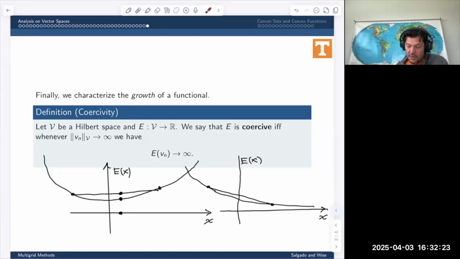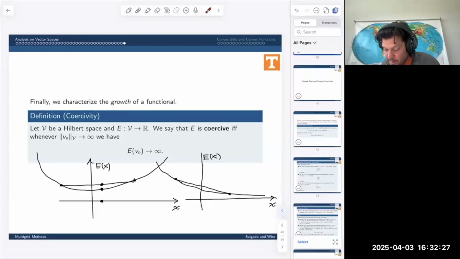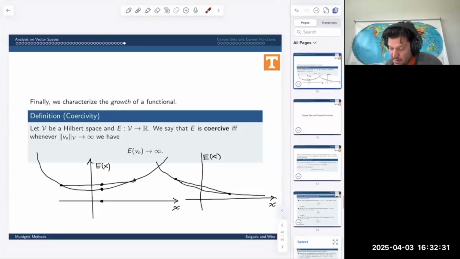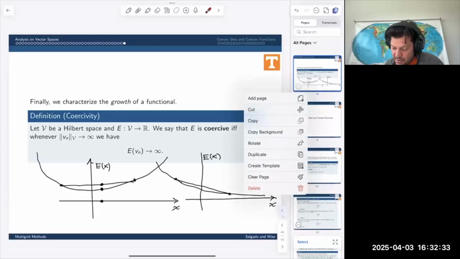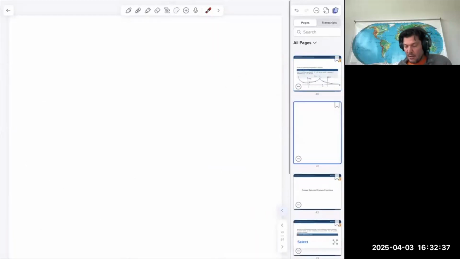Okay, now let's do a little example here, since we've got some time. Let's add a page or two. So what example should we do? Let's do this one.